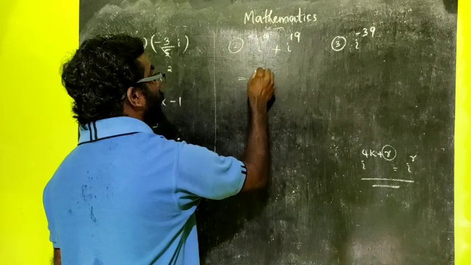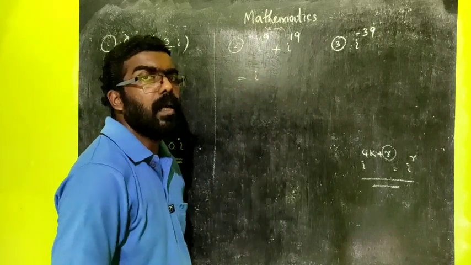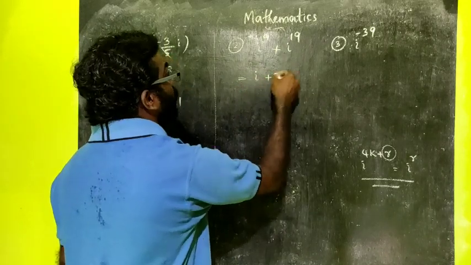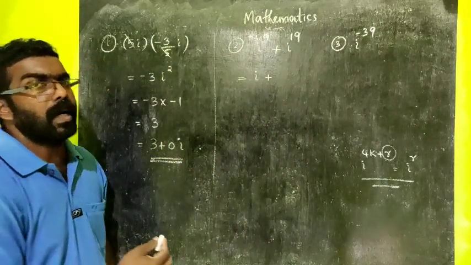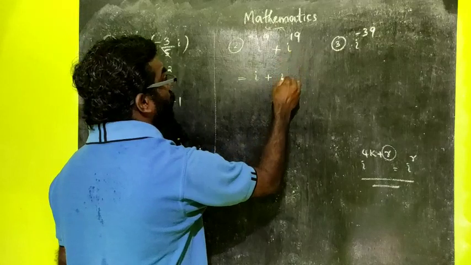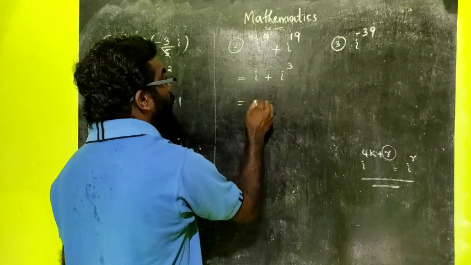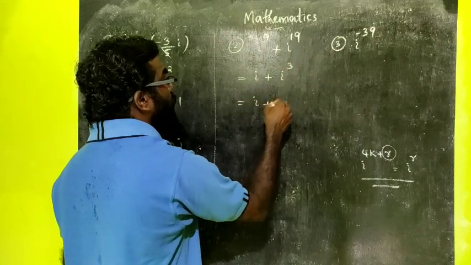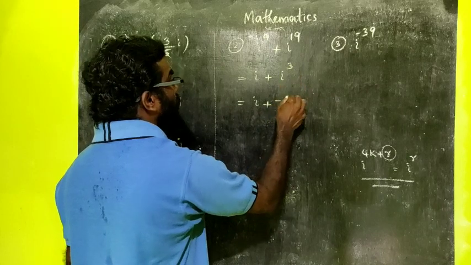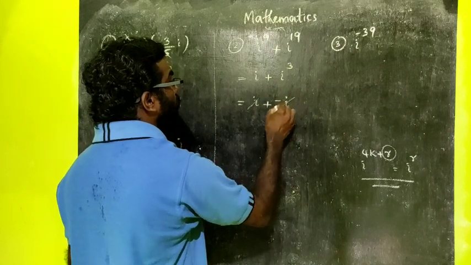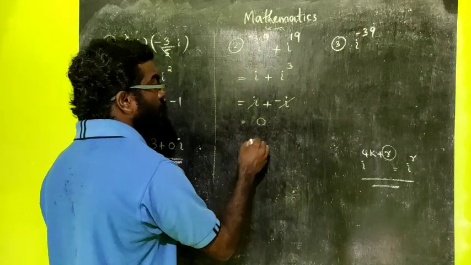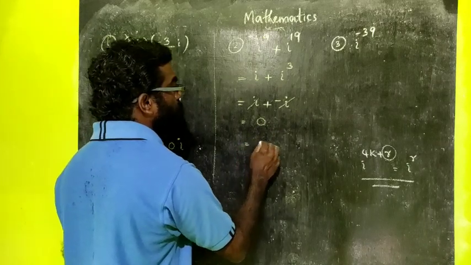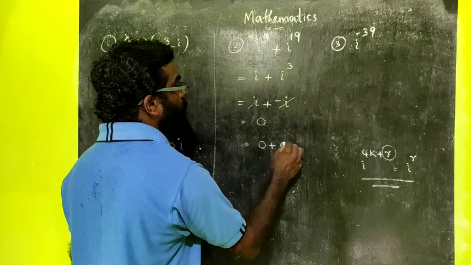So i raised to 9 will be equal to i power 1, or i. Here i raised to 19, 4 4s are 16, 3 balance. So this can be written as i cube. That is, i plus i cube, which is i minus i. This plus i and minus i we can cancel. We get the value as 0, or we can write it in standard form as 0 plus 0i.